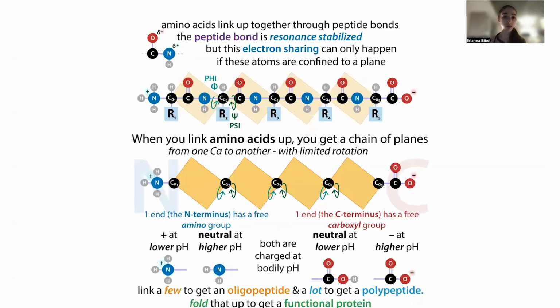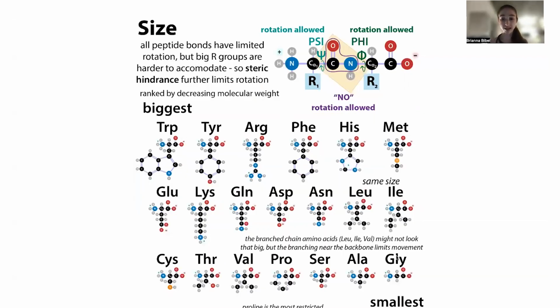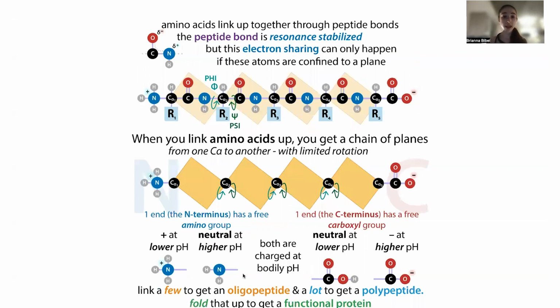I talked a lot more about this when I was talking about glycine, how glycine with its hydrogen was really flexible, and how some of the bigger things we're going to see are going to be less flexible. And so valine is one that's less flexible, even though it's not really that big. The reason is that it has that bulk close to its backbone, and that's going to limit the rotation around this backbone.